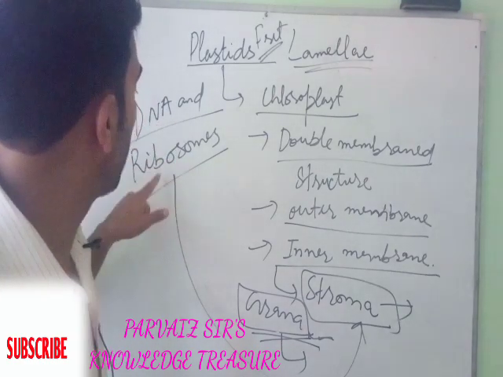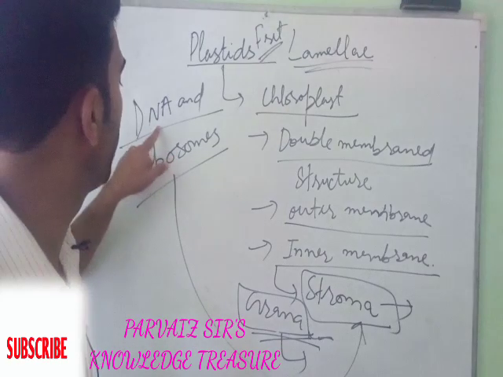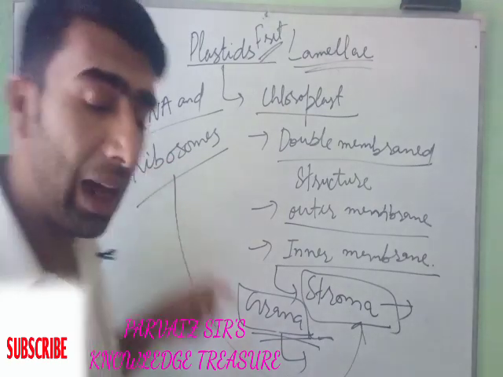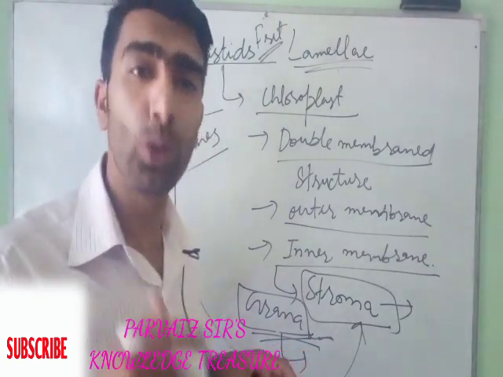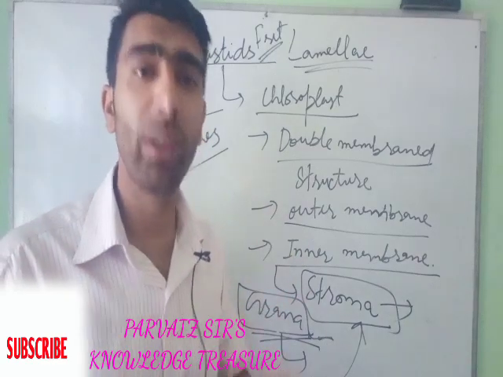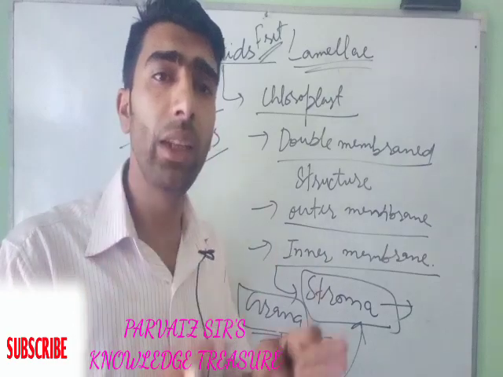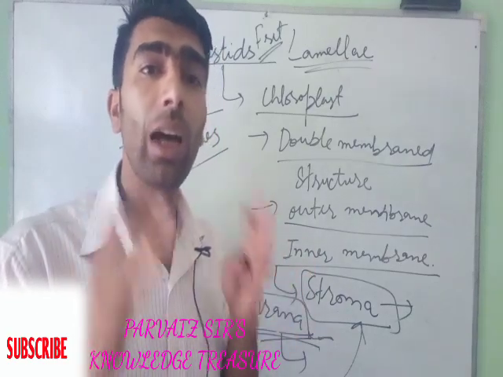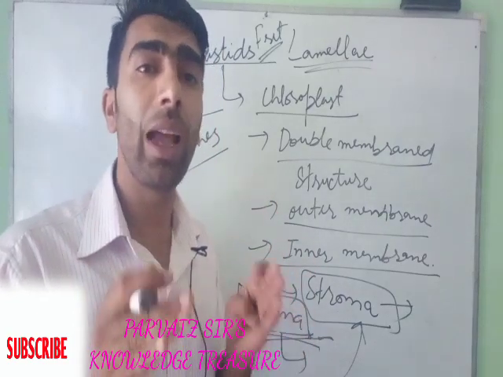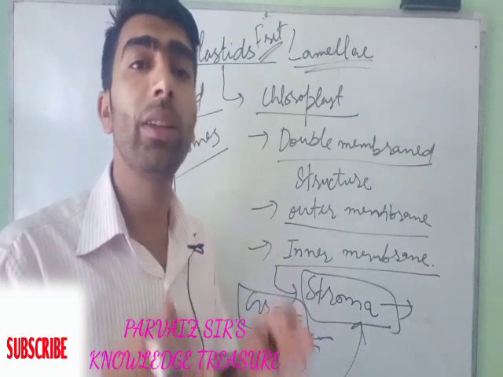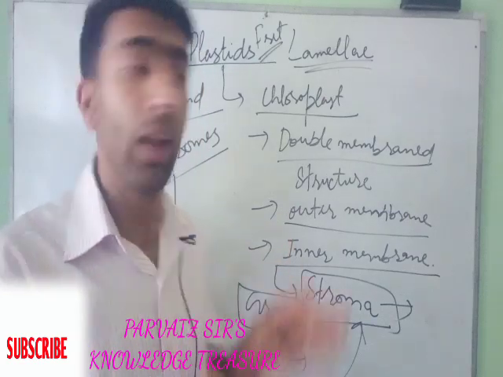Since chloroplast has its own DNA and ribosomes like that of mitochondria, it is also called semi-autonomous. That means it is not completely dependent on the nucleus for carrying out its various activities.